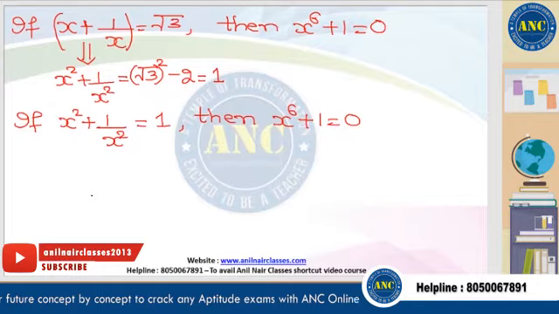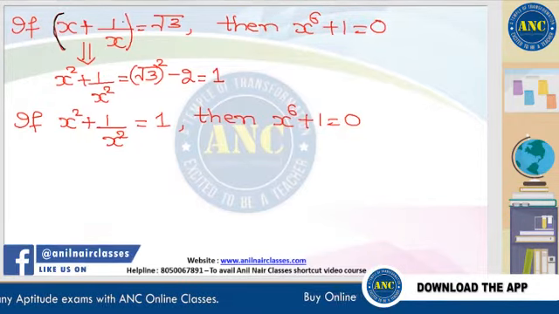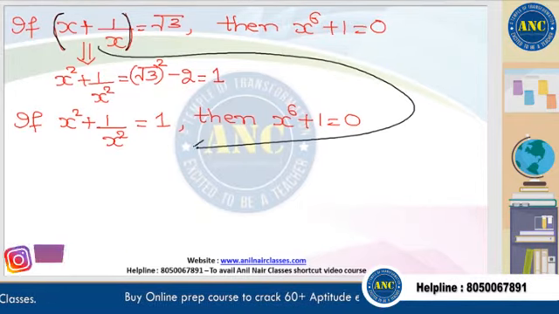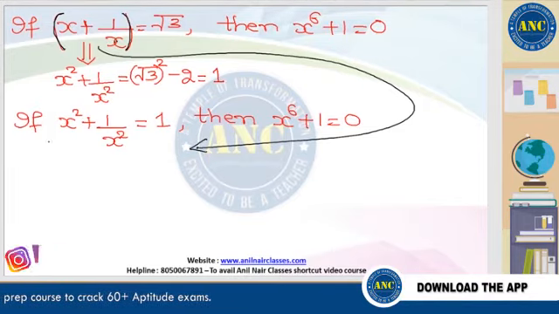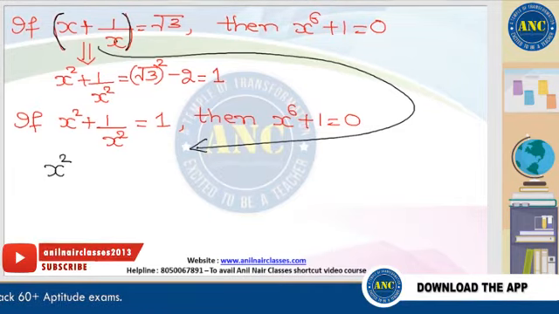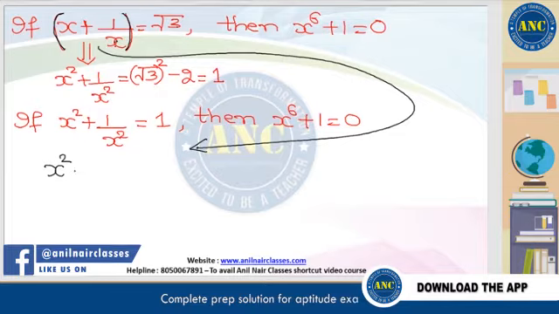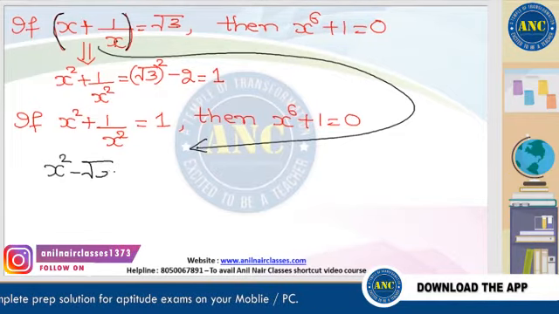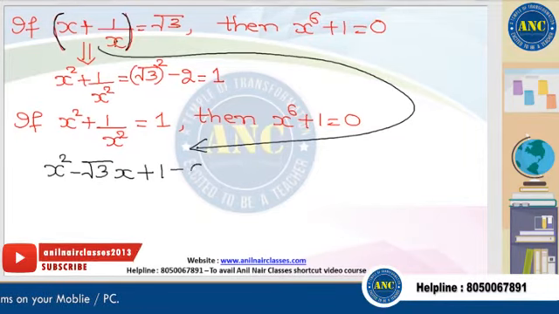Can I say like this also? Observe carefully, sir. The given condition is x plus 1 by x equal to root 3. The same condition, I will take the LCM. LCM is x. x into x becomes x square plus 1 divided by x equal to root 3. That root 3 into x, if the right hand side root 3x comes to the left hand side, it becomes x square minus root 3x plus 1 equal to 0.